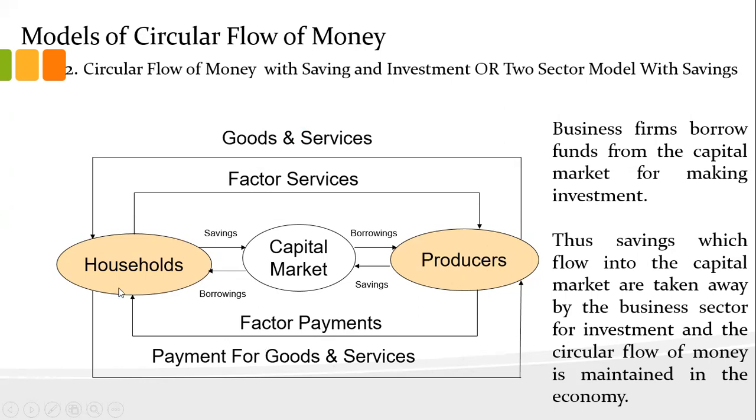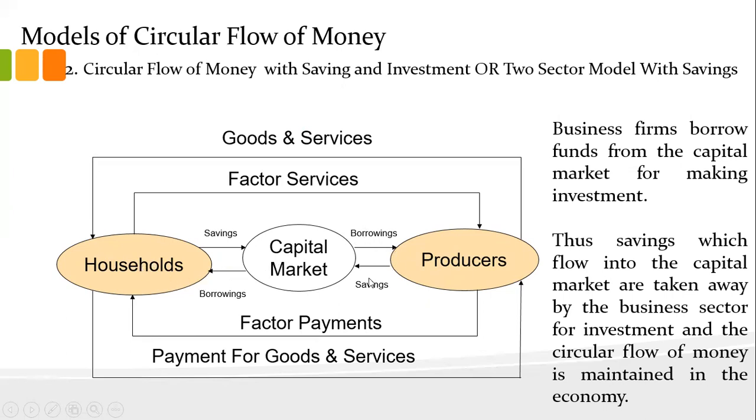But they do not give the full amount. Whatever excess is there, the household sector saves it in the capital market, and that accumulated saving of the household sector is borrowed by producers from the capital market.